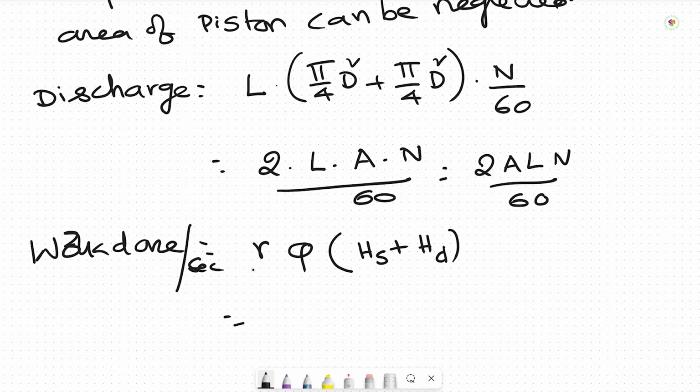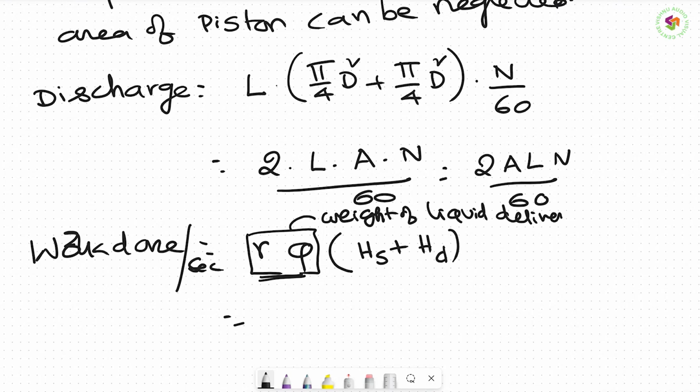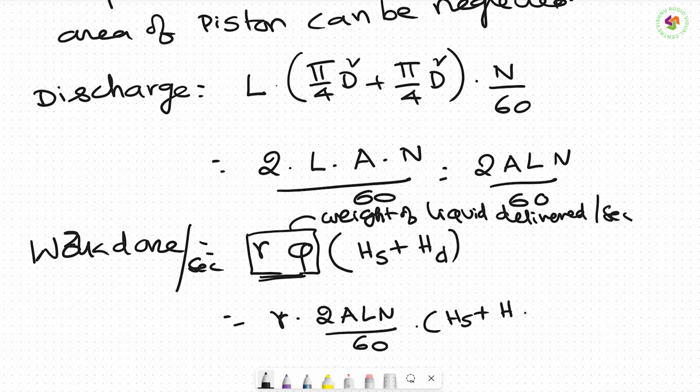Gamma Q is the weight of liquid delivered per second, into HS plus HD. So it is gamma into 2 ALn by 60 into HS plus HD. This completes the other one.